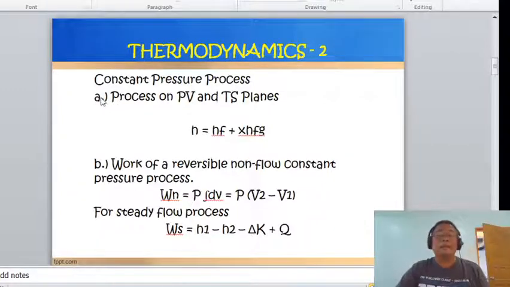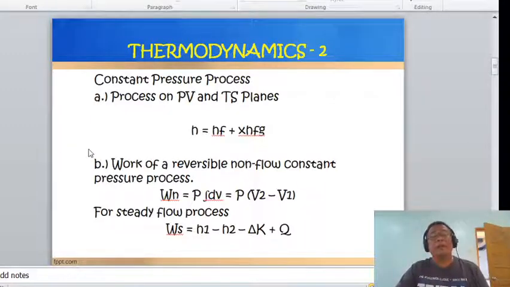where x here is the quality of the steam. Another condition we have here is the work of a reversible non-flow constant pressure process. So the work for the reversible non-flow, we have W sub n is equal to the integral of P dV, which is very similar to the work non-flow in ideal gases.